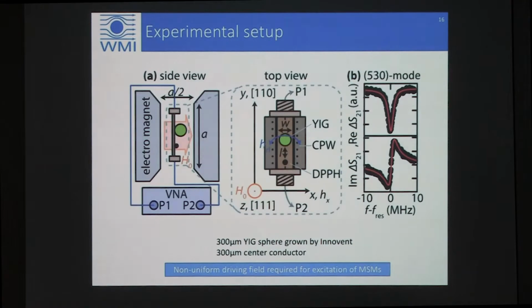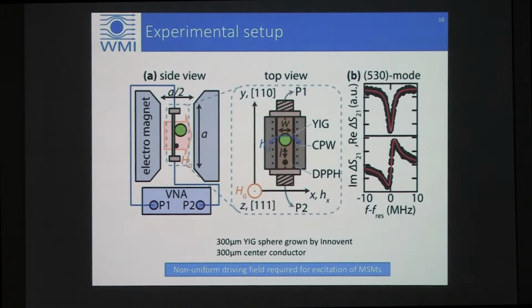The experimental setup that we use is rather straightforward. We use a coplanar waveguide where we put the yttrium iron garnet sphere. We put it on top of our semiconductor, and the semiconductor and the yttrium iron garnet sphere were both 300 micrometers, meaning that we get a non-uniform driving field at the position of the sphere, which is evidently needed to drive any non-uniform mode.